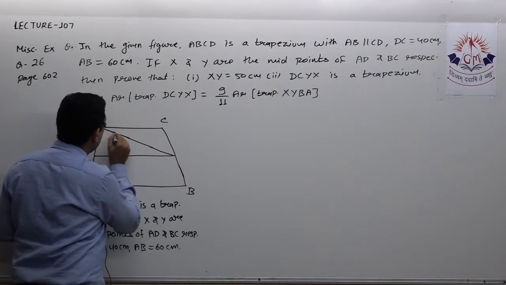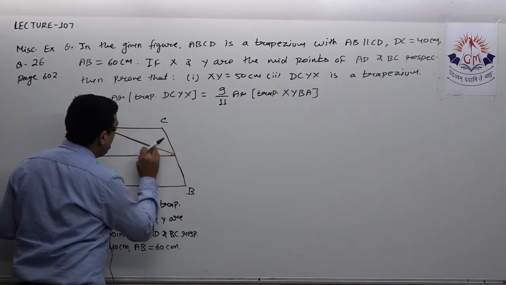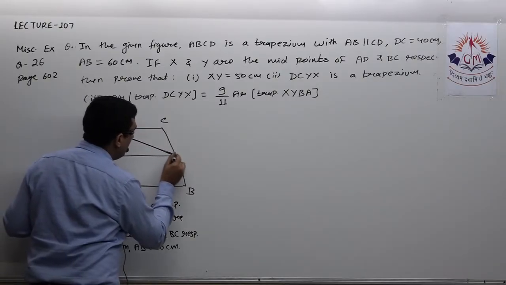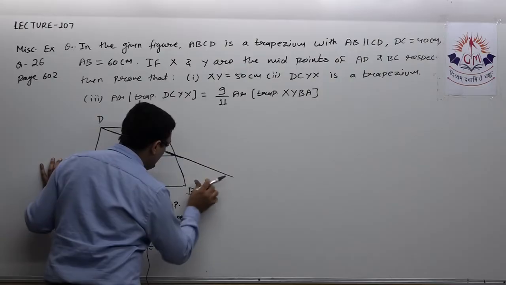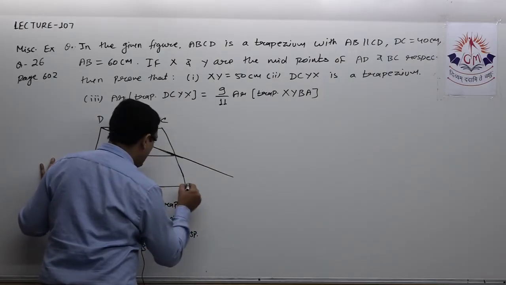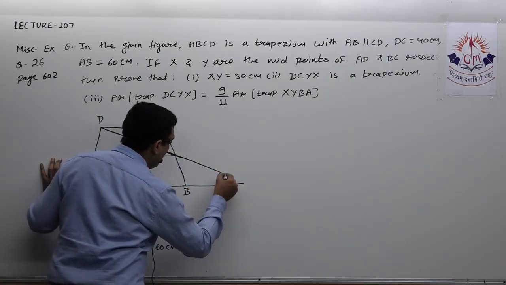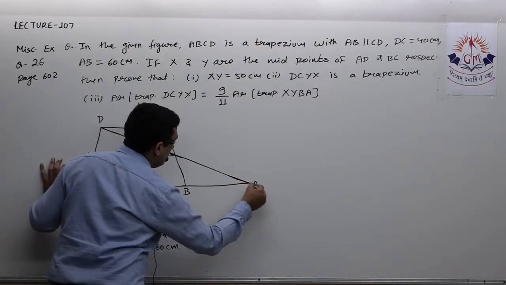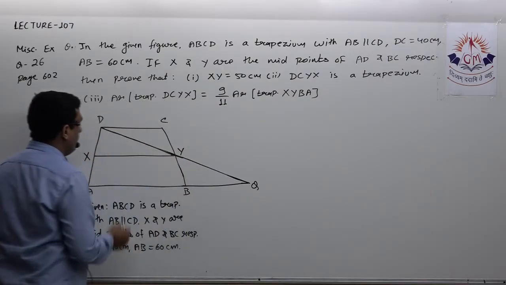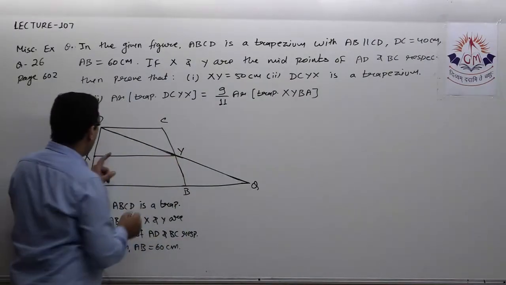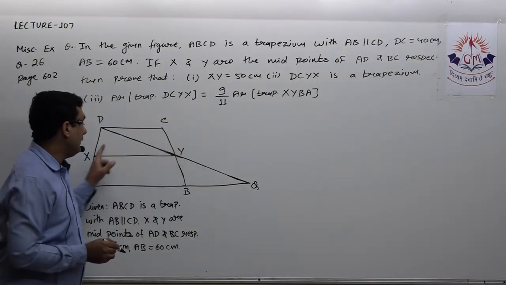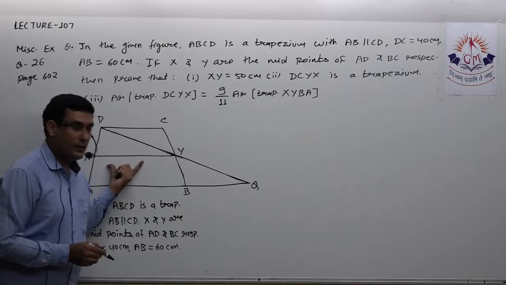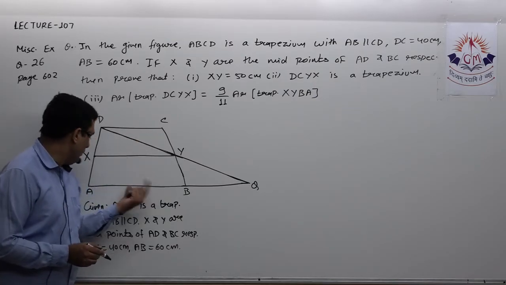Join DY and produce it to meet AB produced at point Q. To prove DCYX is a trapezium, we need to prove XY is parallel to DC or XY is parallel to AB.